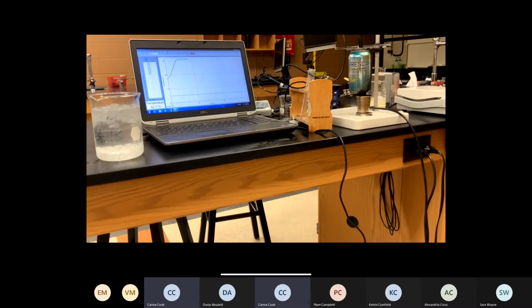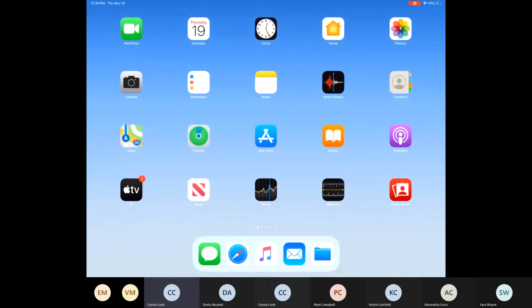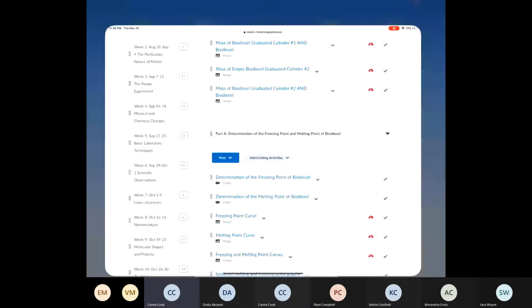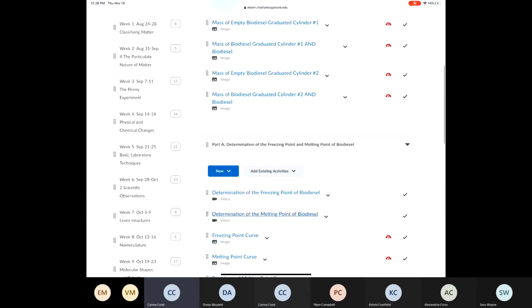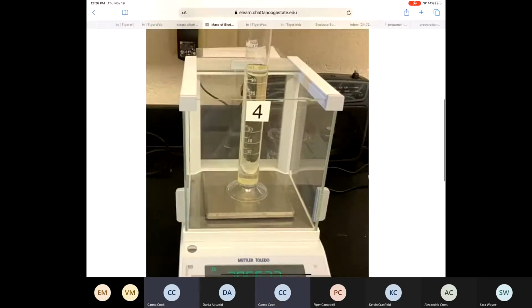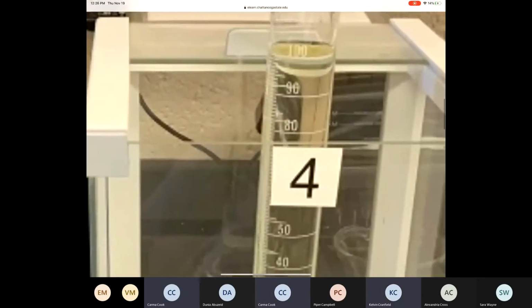So the pictures, you could see the volumes pretty well in the pictures of the grad cylinder and biodiesel. Here we are. So can you still see my screen? Yes, ma'am. Okay, so this is cylinder number 1.